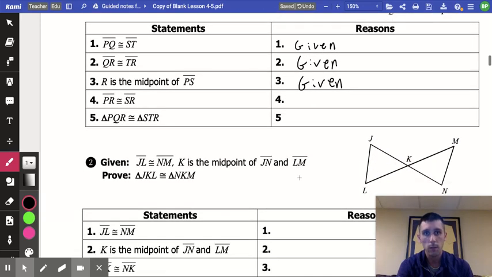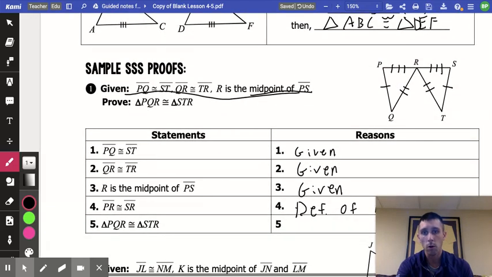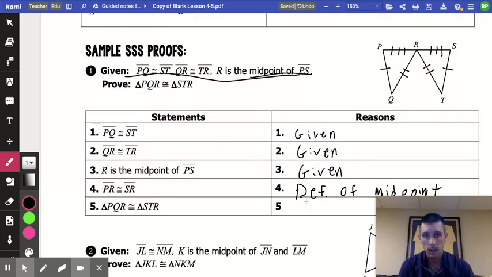What was that definition? Definition of midpoint. That was on that first sheet. That was one of the reasons we could use for sides. So then they are all the same. Triangle PQR is congruent to triangle STR by side, side, side. All right, all the sides.